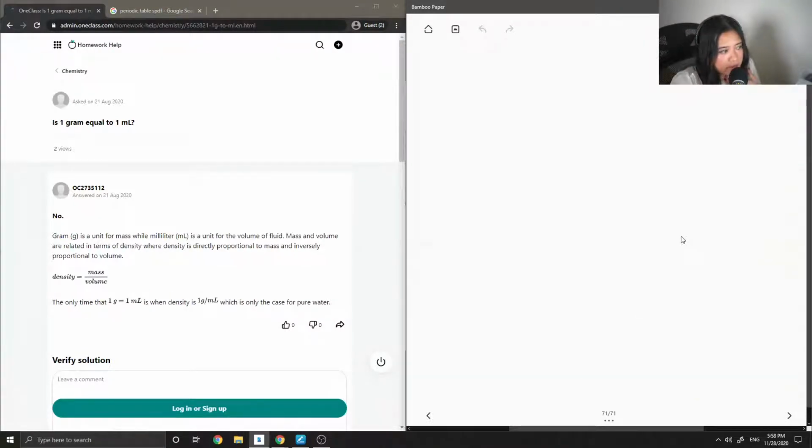Okay, so on to question 6. Is 1 gram equal to 1 milliliter? So 1 gram is a unit of mass, and 1 milliliter is a unit of volume.